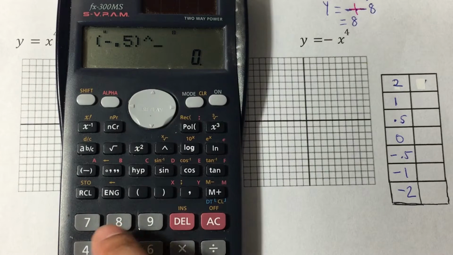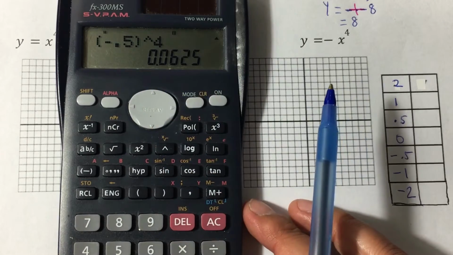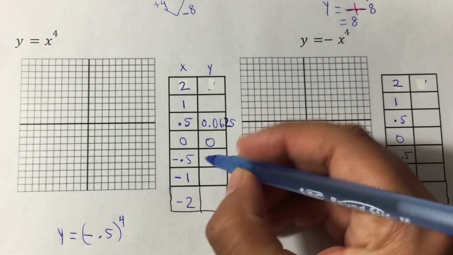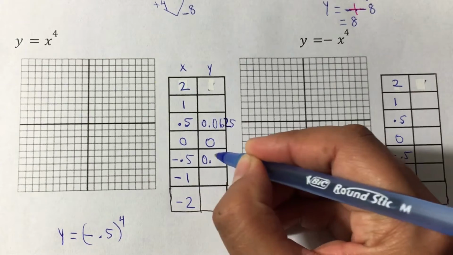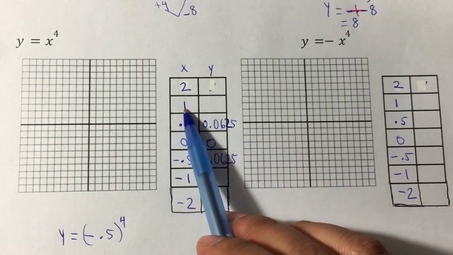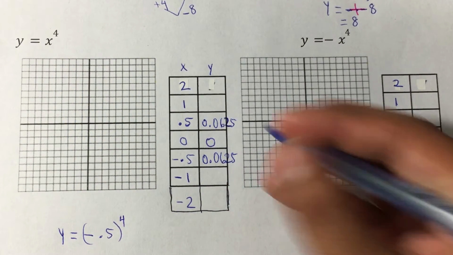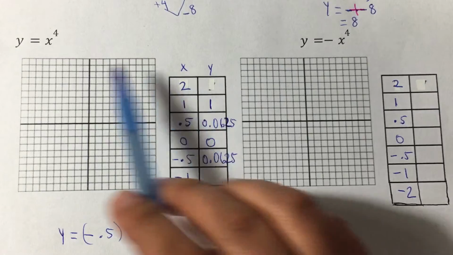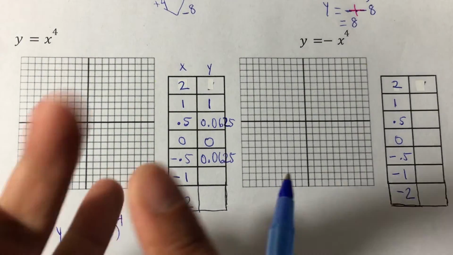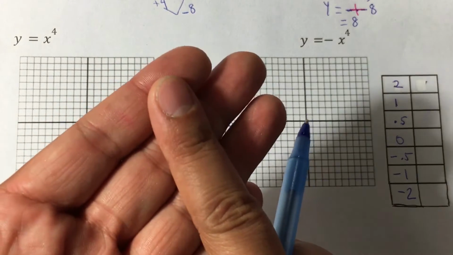Raised to the fourth power, and again, it is positive 0.0625. Now, 1 to the fourth power just means 1 times 1 times 1 times 1, which is 1. And then 2 means 2 times 2 is 4, times 2 is 8, times 2 is 16.